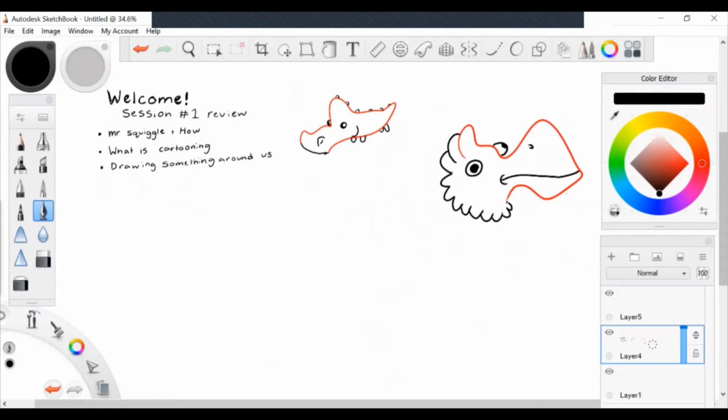And one question that came up is, how do you come up with all these different crazy creatures or different things that you draw? How do you look at the little squiggle and figure out that's what that is?